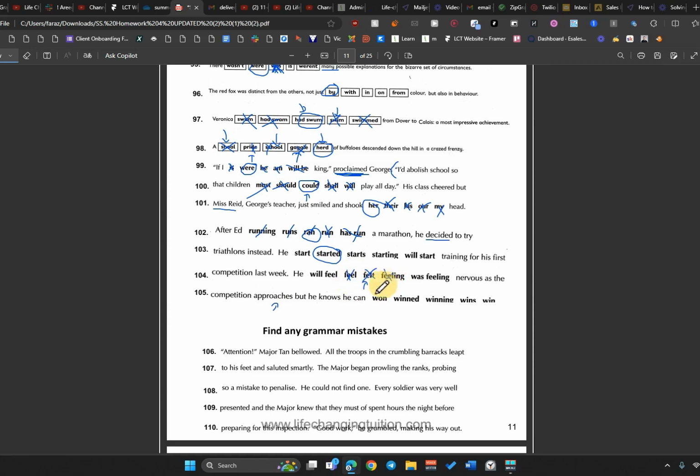He was feeling nervous as the competition approaches. So then none of those work because they're in the past tense. This one works because it's in the future. He will feel nervous as the competition approaches, right? But he knows he can win. There we go. Because none of the other ones work if you try them one by one there.